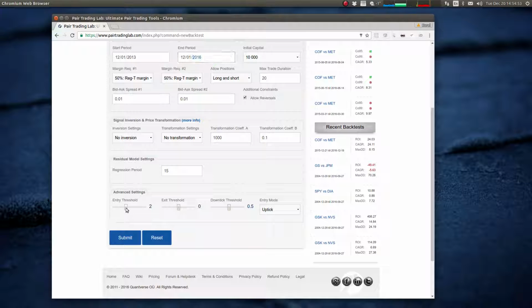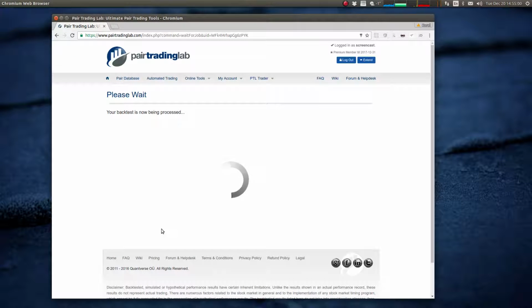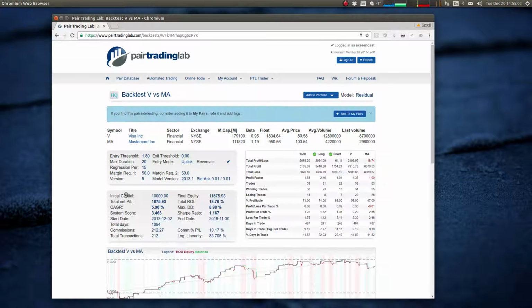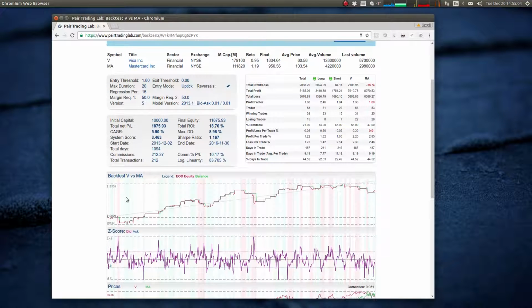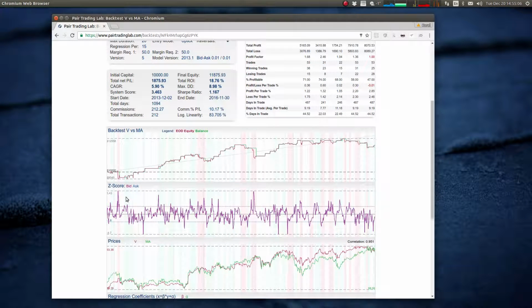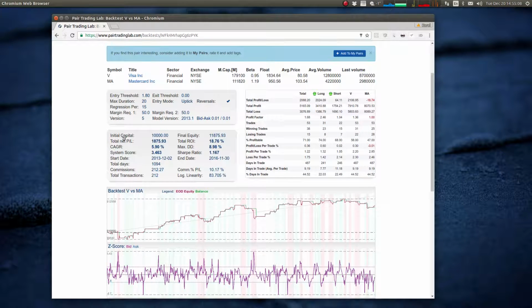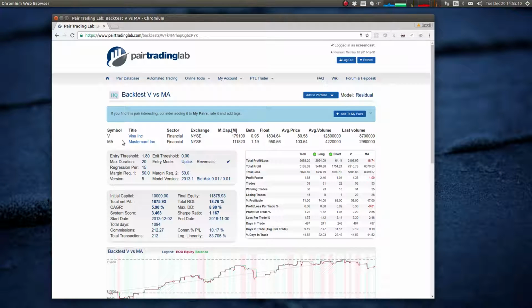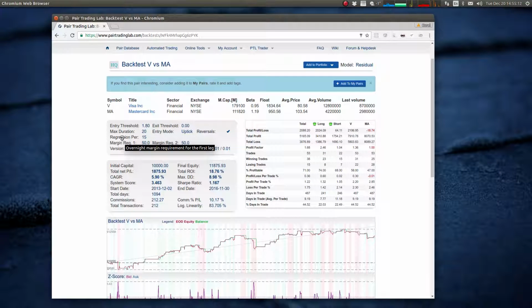Let's lower the entry threshold a little bit for this case. Yes, so using the residual model on this Visa Mastercard pair, we get something like 6% of CAGR.